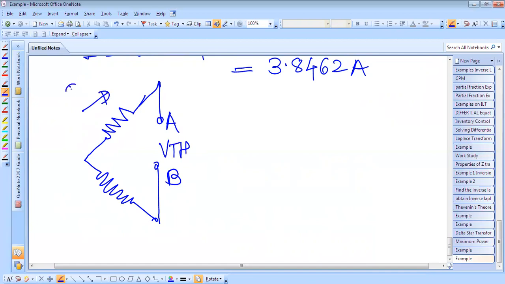So this is I4, this is I1. You can give the potential polarity to this resistance like this. This is plus minus. Now we have to apply KVL to this loop.